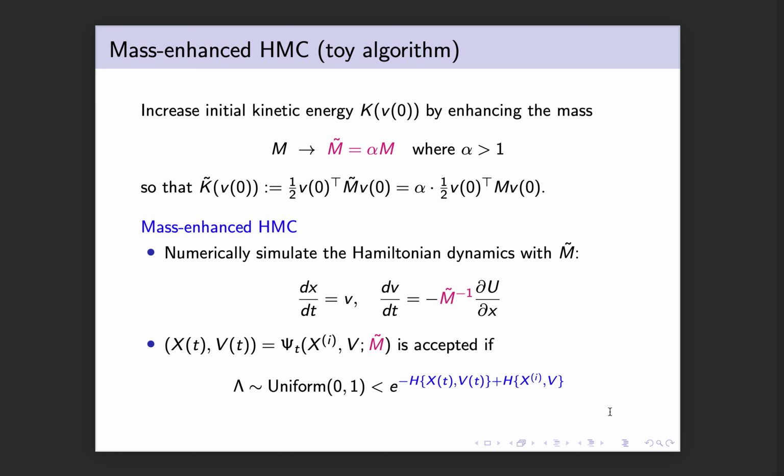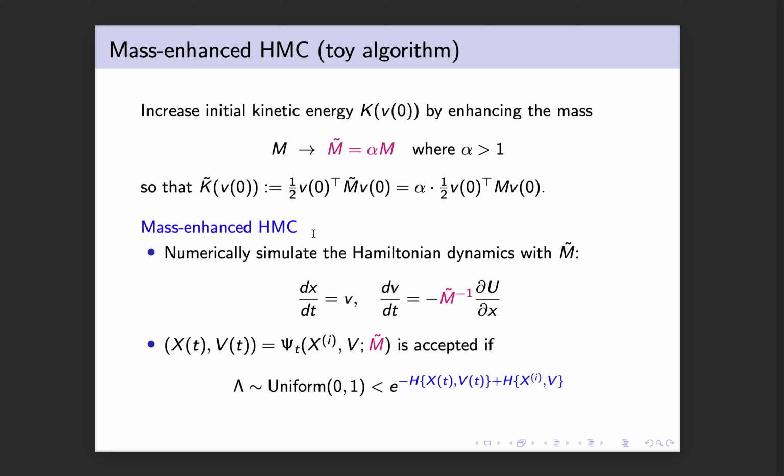Let's consider an approach that tries to tackle this issue by increasing the initial kinetic energy. For instance, we can increase the mass of the particle from M to, say, M tilde, which is equal to alpha times M, where alpha is greater than 1. So the kinetic energy is increased by a factor of alpha.